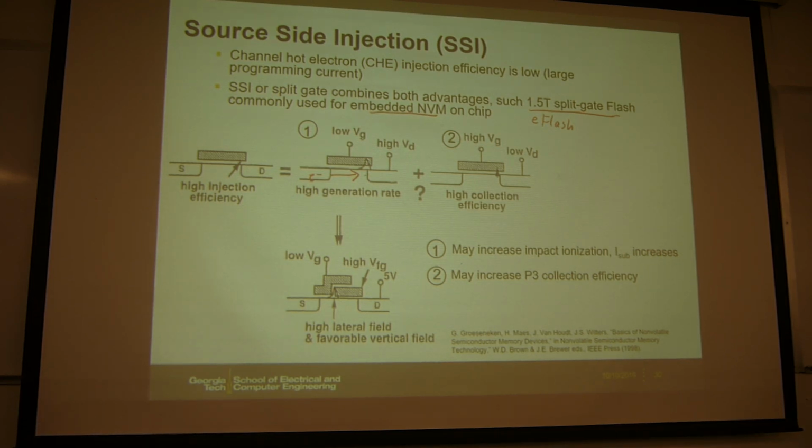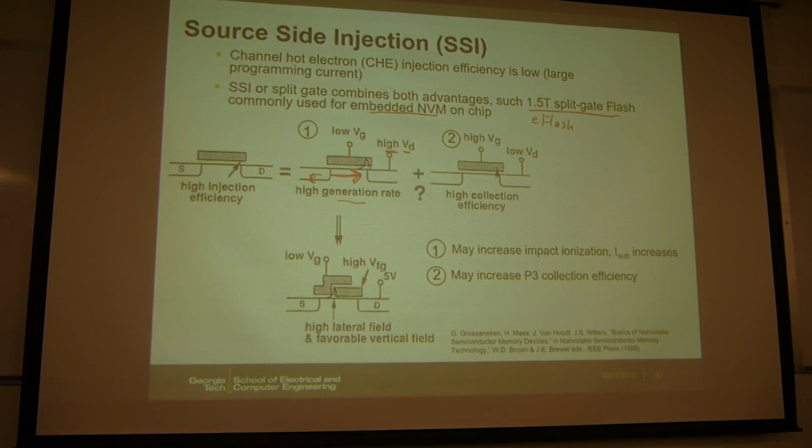And only when the electron approaches the drain, due to the so-called impact ionization, it gets a high generation rate and high enough kinetic energy. So this is when you use a high VDS, you need a large drain voltage to accelerate the electrons. But in this case, you want the gate voltage to be kind of small, because you want most of the electrons to travel horizontally.